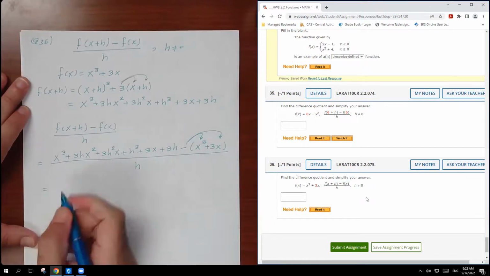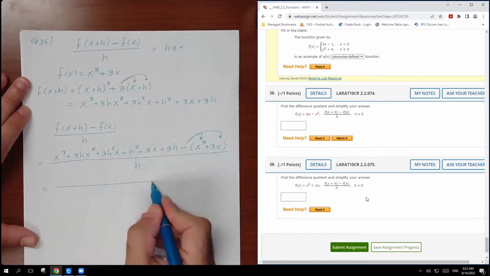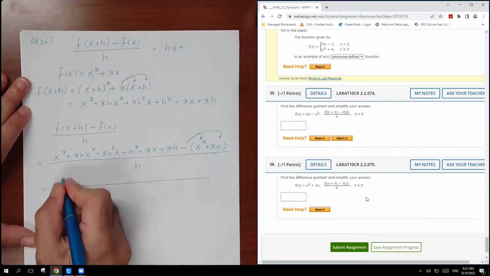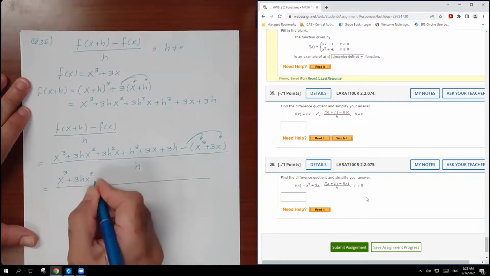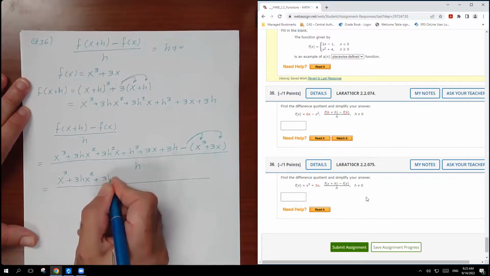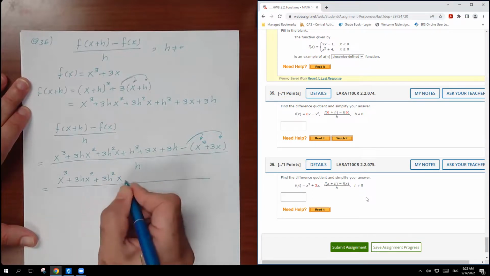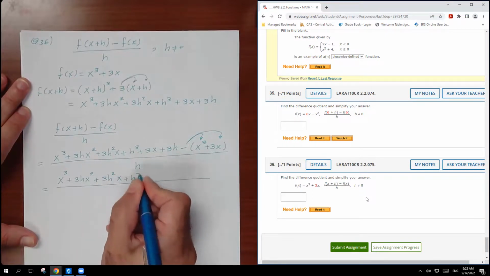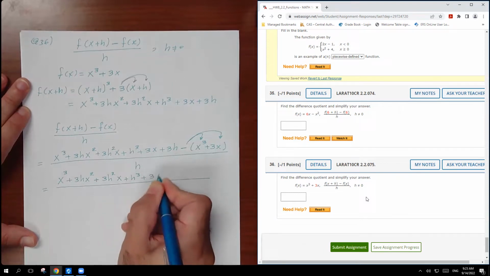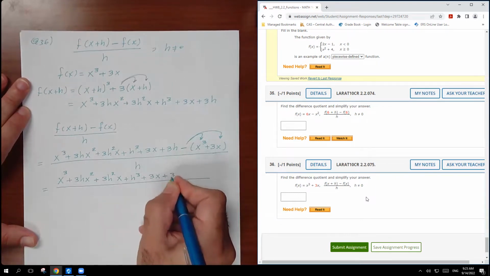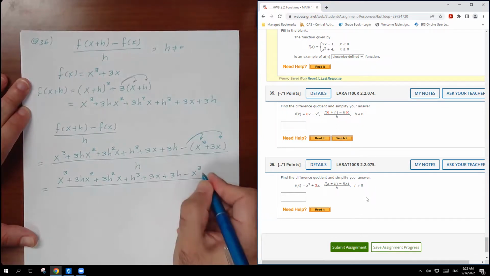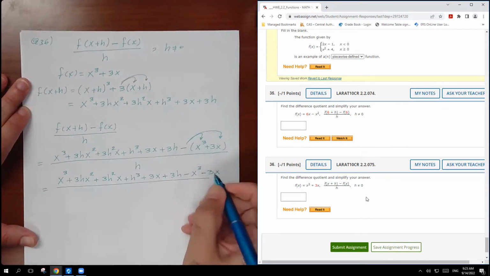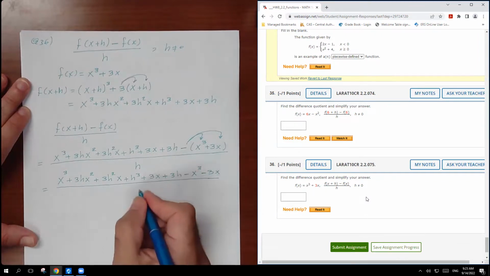So this one is going to be equal. You have to take your time when you're doing these examples. X cubed plus 3hx squared plus 3h squared x plus h cubed plus 3x plus 3h minus x cubed minus 3x, distributing the sign, and everything over h.